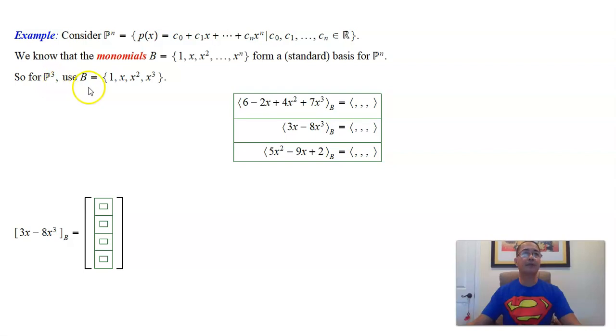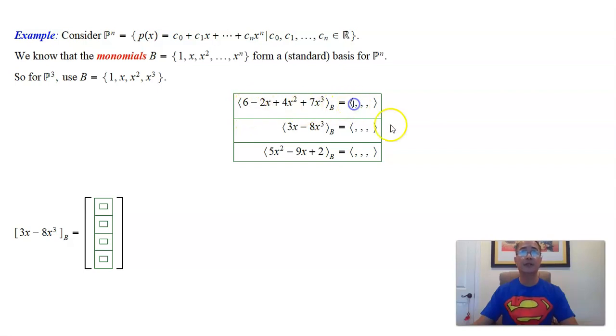So for P3, for example, we can use 1, x, x squared, x cubed. Remember that P3 is 4-dimensional, not 3-dimensional. Okay, so we have 3 sample polynomials here from P3. Let's find their coordinates with respect to this ordered basis, right?